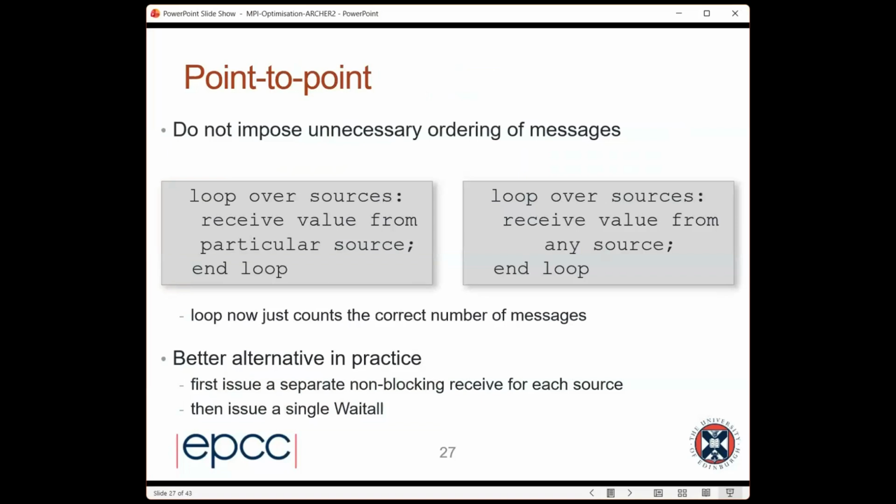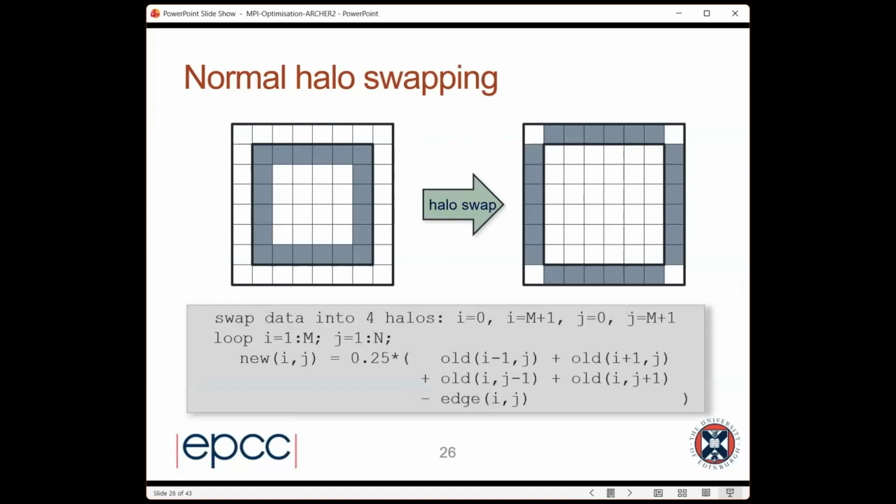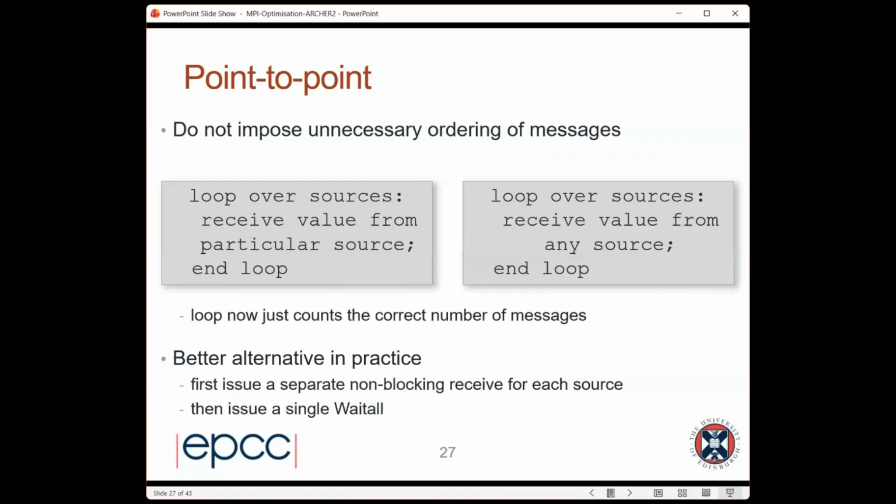You should not impose unnecessary ordering of messages. What you should not do is receive the Halo up, receive the Halo left, receive the Halo right, receive the Halo down. You should try and have all the Halo swaps going on at the same time. You could try and do that by, rather than looping over the sources and receiving from a particular source, using wildcarding to loop over source and receive the value from any source.